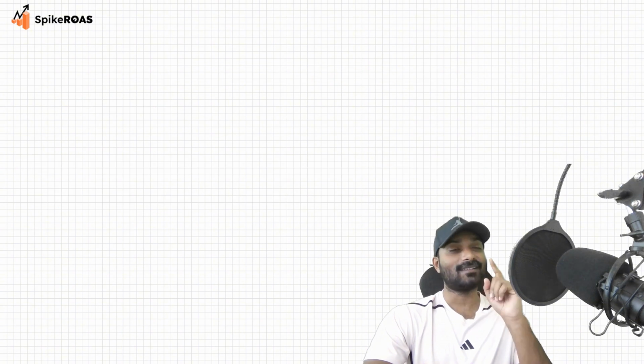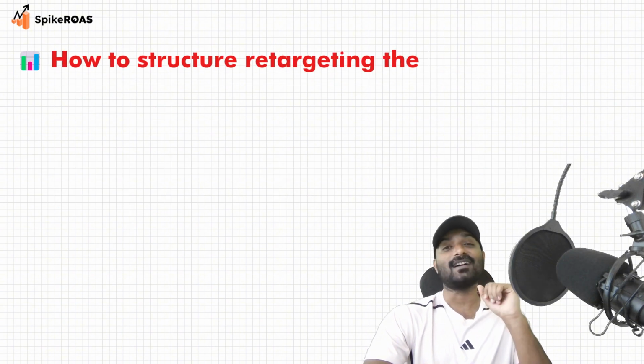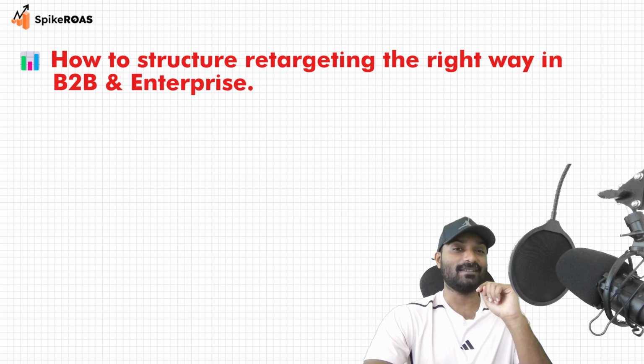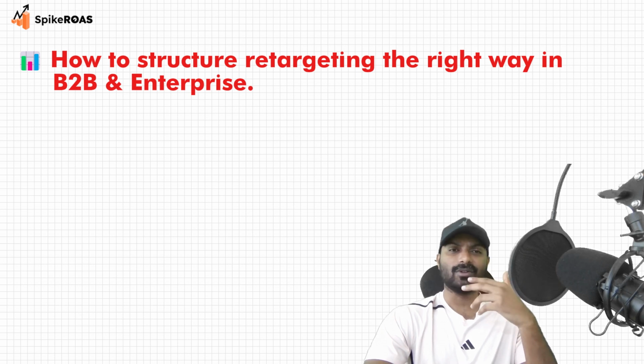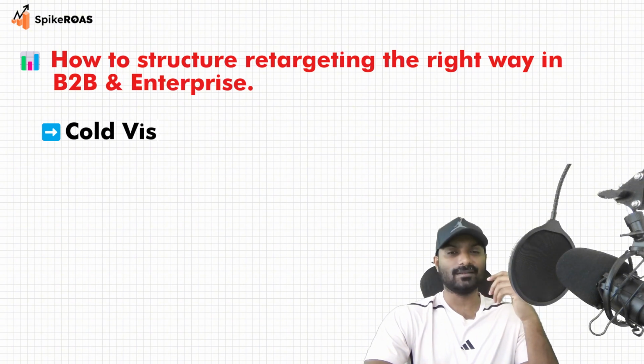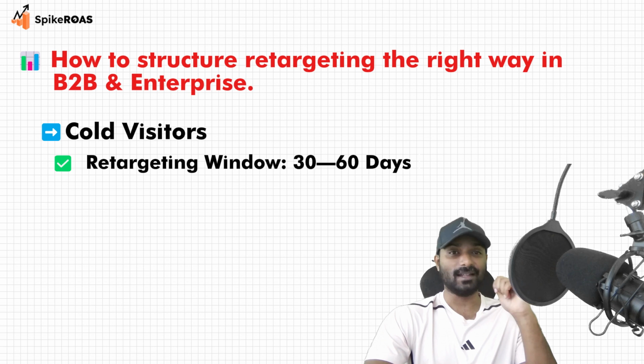So now let's look at how to structure retargeting the right way in B2B and enterprise. Here's the simple 3-stage model we use. And it's very common across all the industries, but obviously the details of it are going to be different for all the industries. So stage 1 is cold visitors, people who visit homepage, blogs, awareness content. So the retargeting window should be 30 to 60 days.